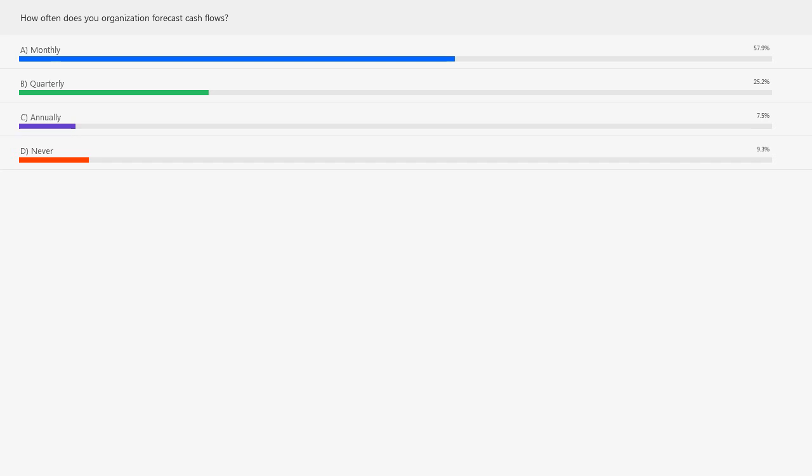For those of you in the never bucket, I'm hoping that you're sitting on a fair amount of cash, and that's providing you with that buffer that you need for unexpected activities, unexpected claims or change orders in a contractor space where you're not able to collect the cash as quickly as possible. But the less visibility you have of your future cash flows, the more danger you're putting your organization in.